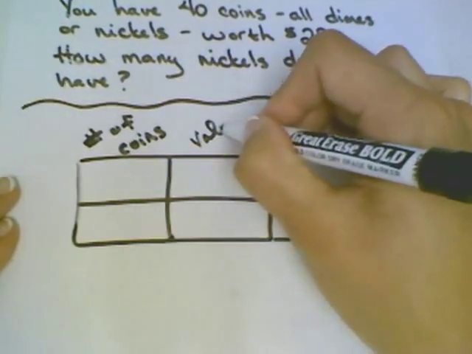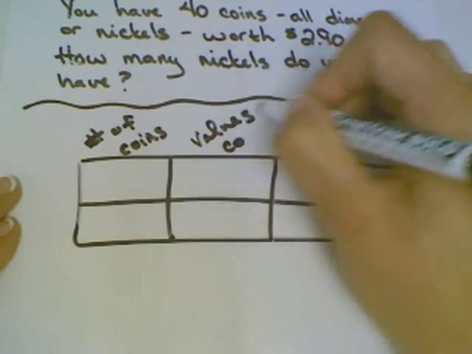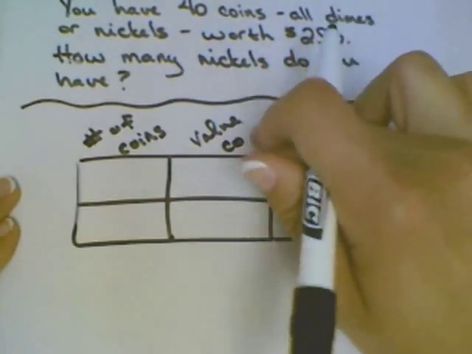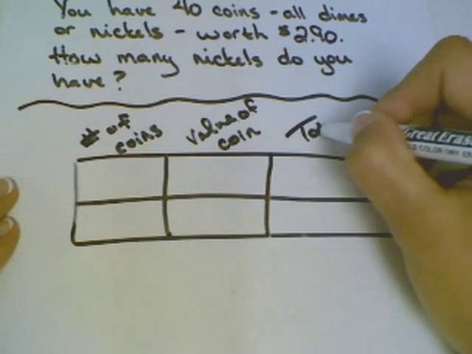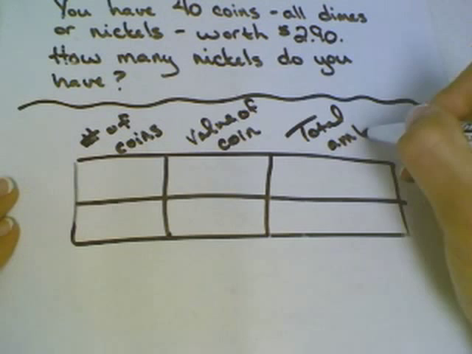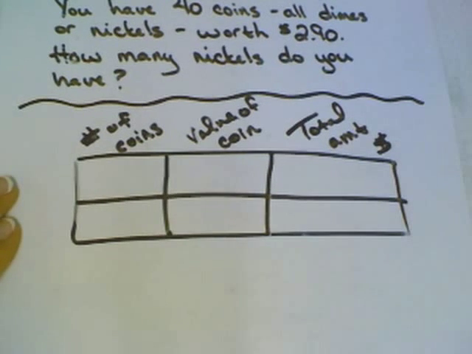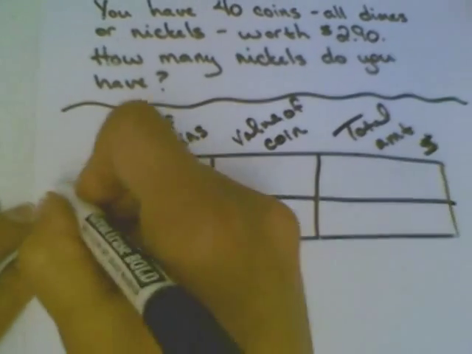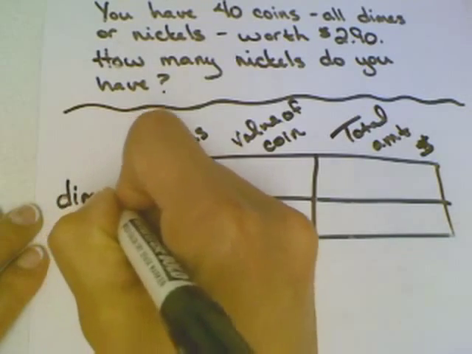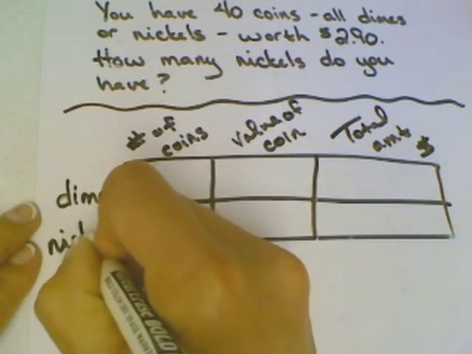Then the value of the coins, and then this is going to be the total amount of money each coin brings us. Now, what types of coins do I have here? I only have dimes or nickels.